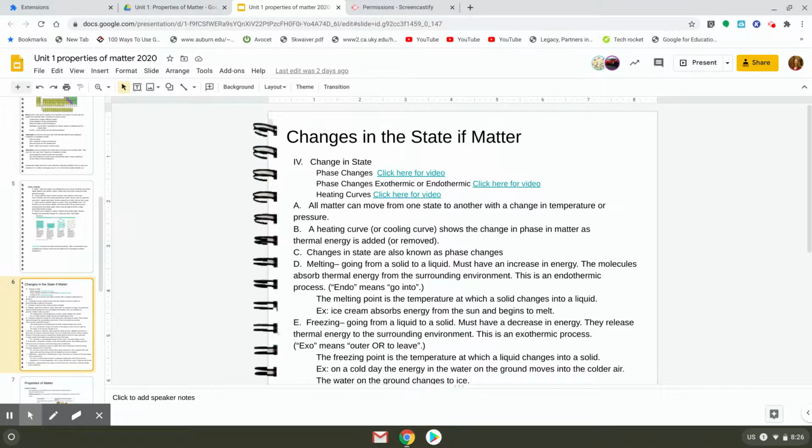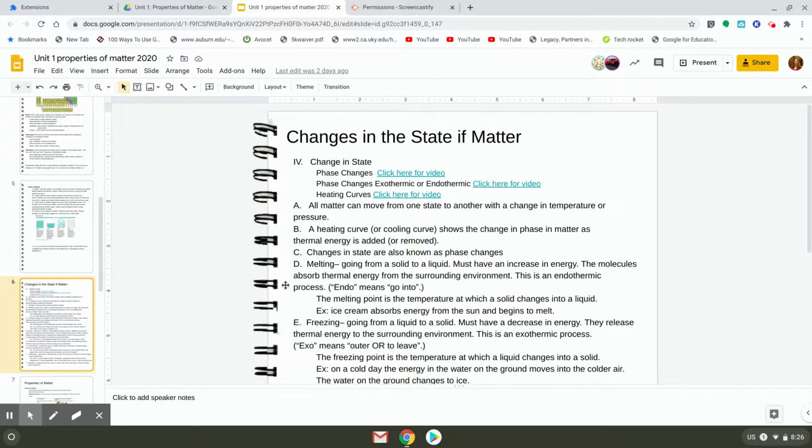When it turns from a solid to a liquid, it is melting point, right? When it turns from a liquid to a gas, it's the boiling point. It's the boiling point, Cheyenne, right? Okay, when it turns from a gas to a liquid, it's condensation. Okay, remember that's the cold can out of the refrigerator demonstration.